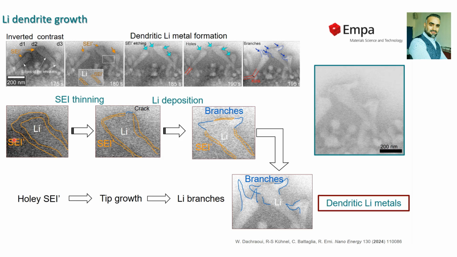This layer thins over cycling until cracks and holes appear, where a new branch of lithium starts to form via tip growth. And this can explain the transition from root growth to tip growth, allowing the formation of dendritic lithium dendrites.